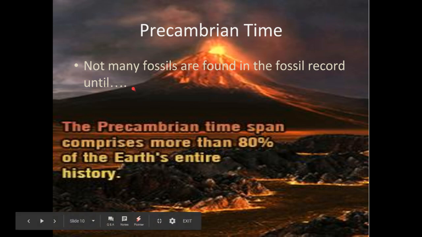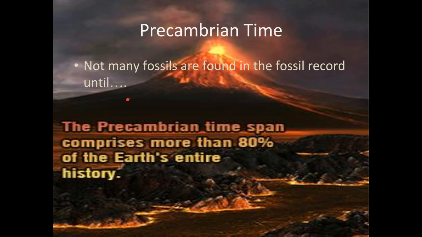Not many fossils have been found during the Precambrian time, simply because maybe those organisms weren't around then, or there were geologic events that wouldn't allow these organisms to fossilize.